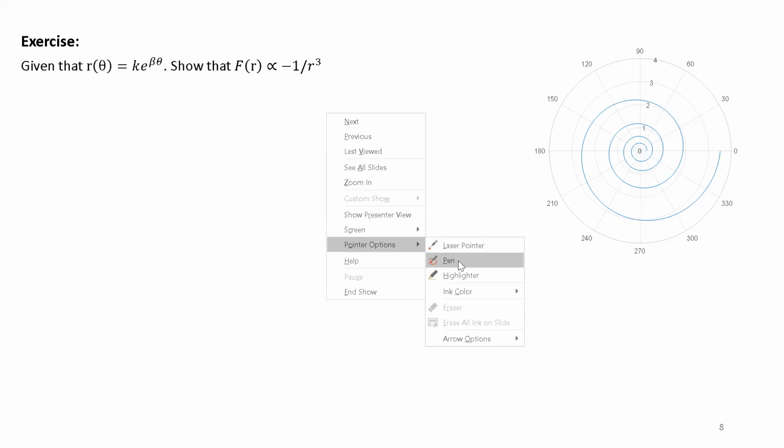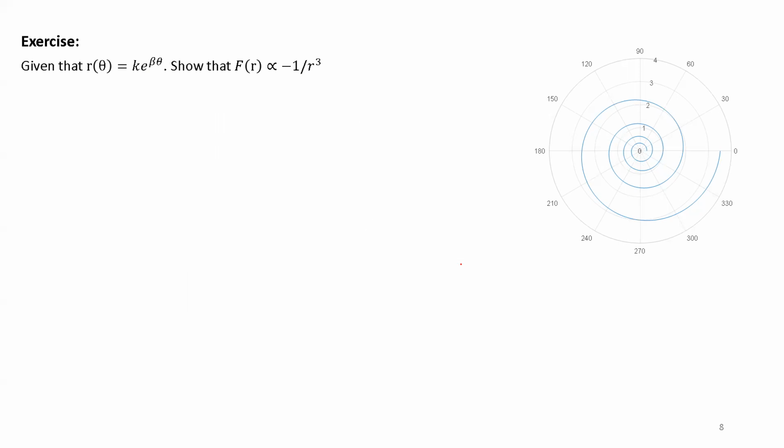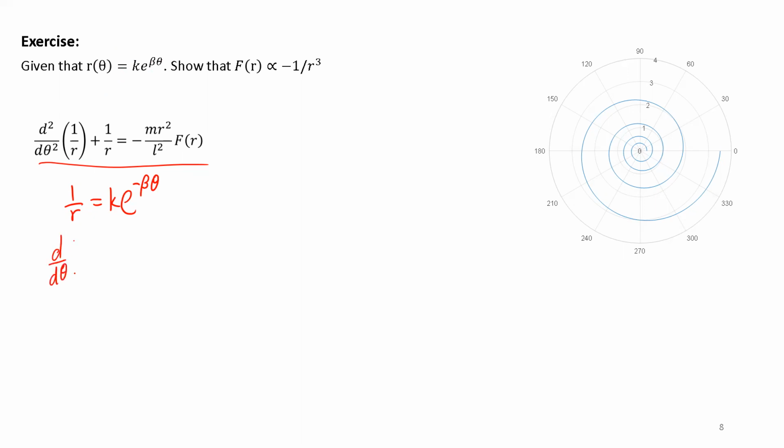So how do we show that? We are just going to use this equation we just derived. The 1 over r would be equal to, from here, k e to the minus beta theta. And then if I just go ahead and take the derivative, d(1 over r) d theta, what is that?